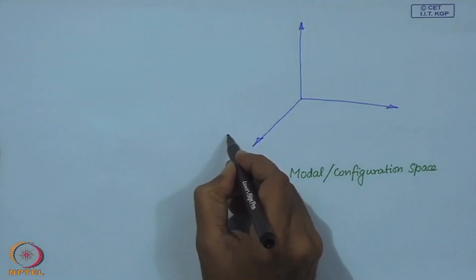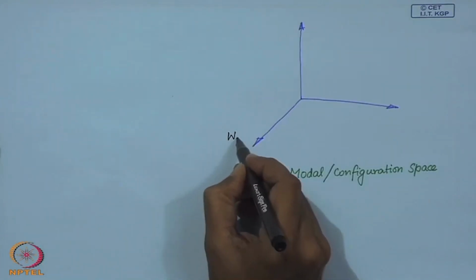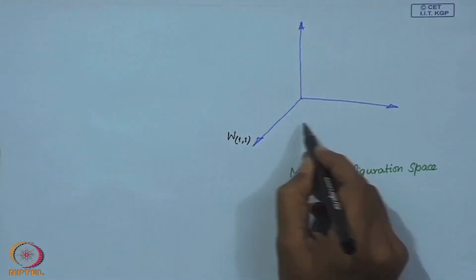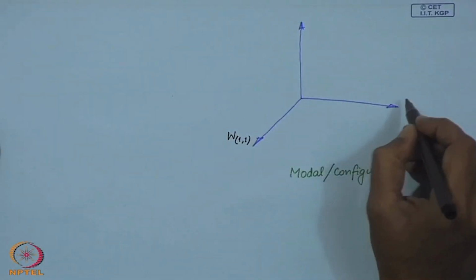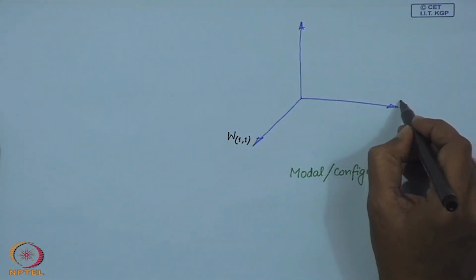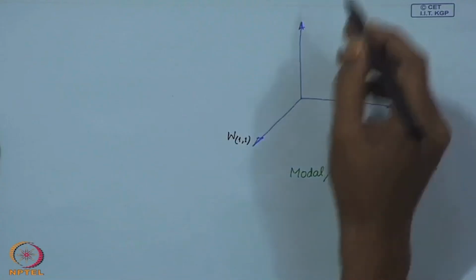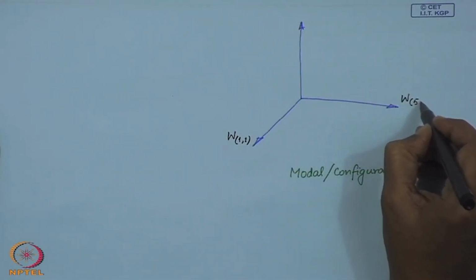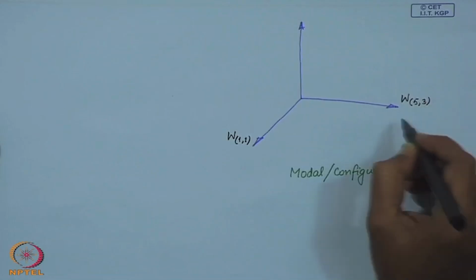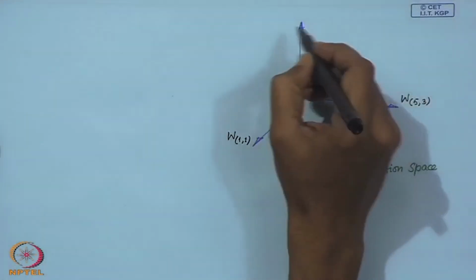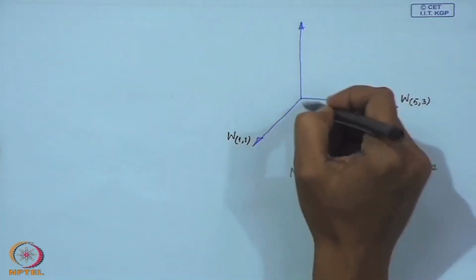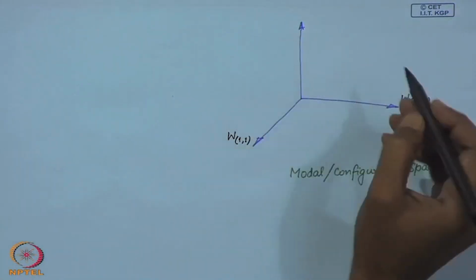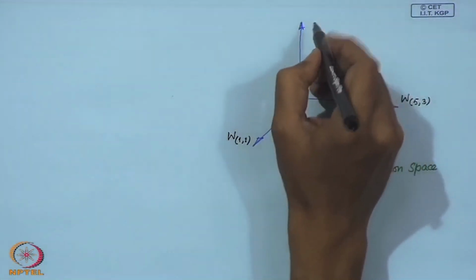So, for example, this is, let us say, W11, and then this is, let us take the example that we have just now considered, W53, and again there are many such axes which are orthogonal to one another. I am only drawing 3, and you have to stretch your imagination a little bit.